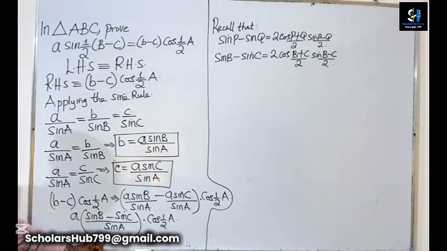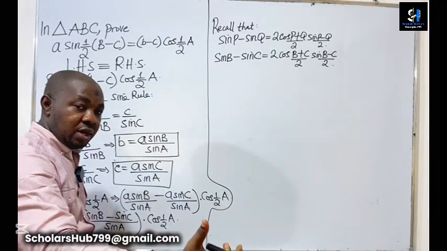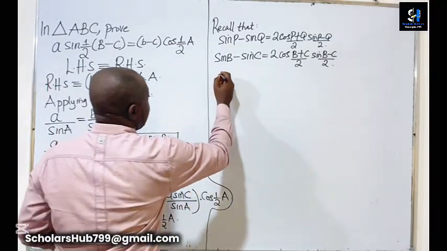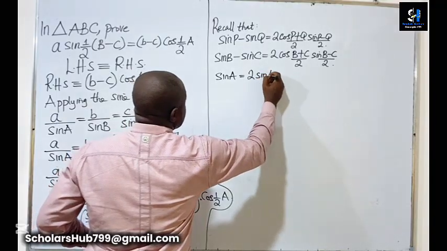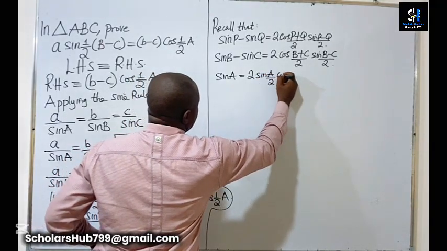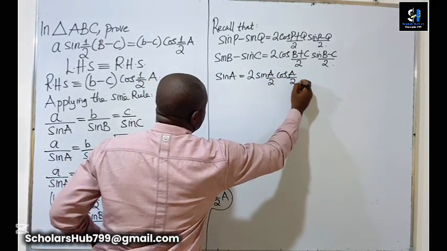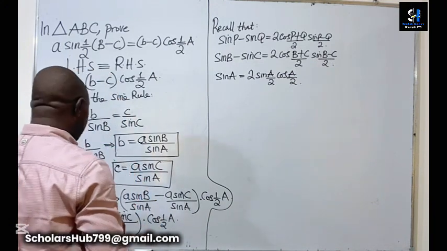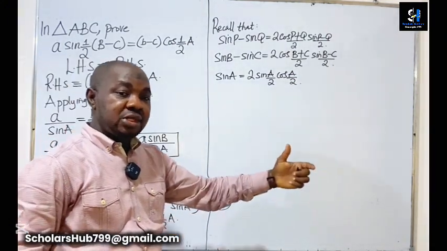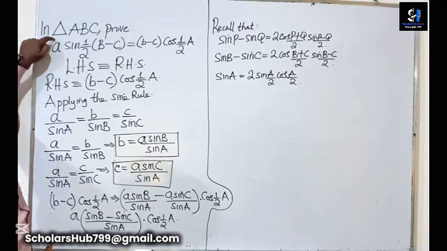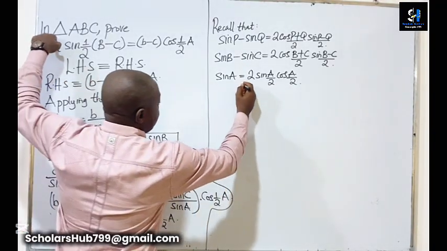Then also let's write the half angle formula for sin A. We know that sin A will be 2 sin(A/2) cos(A/2). Now, what is the relationship between angles A, B, and C? So now I can draw triangle ABC for us to see.